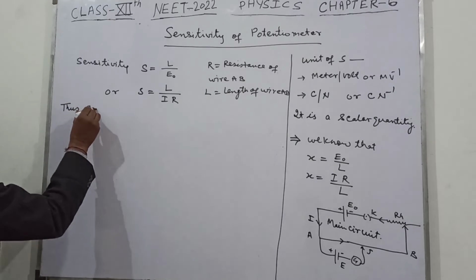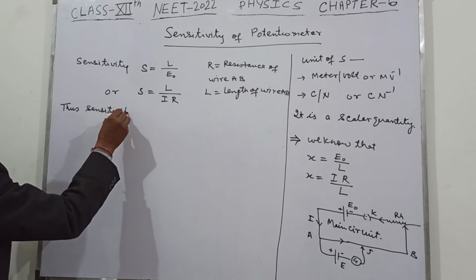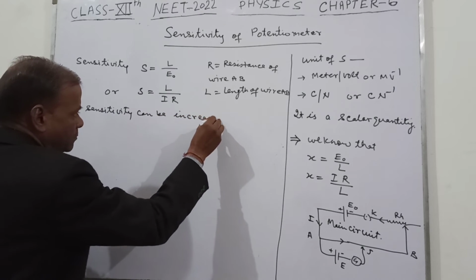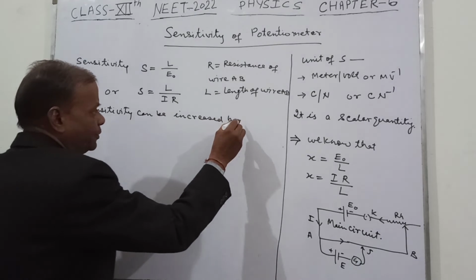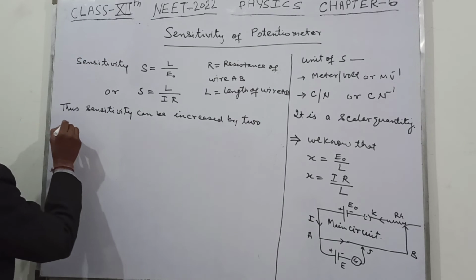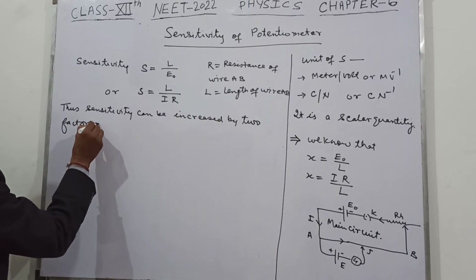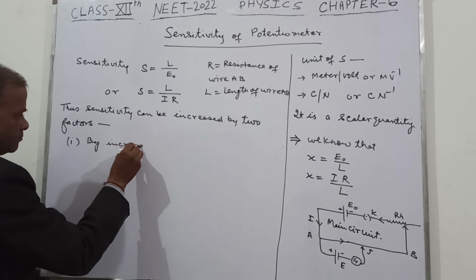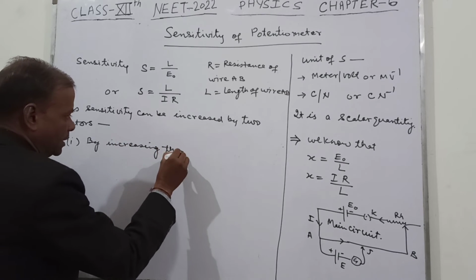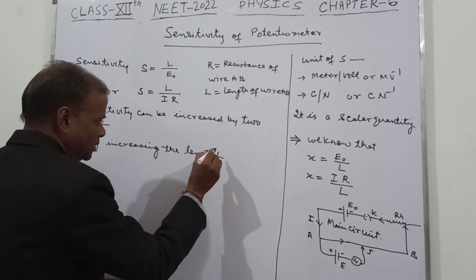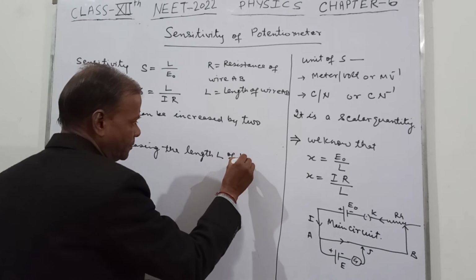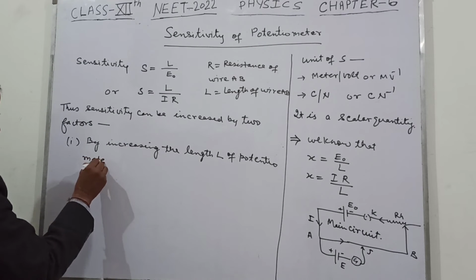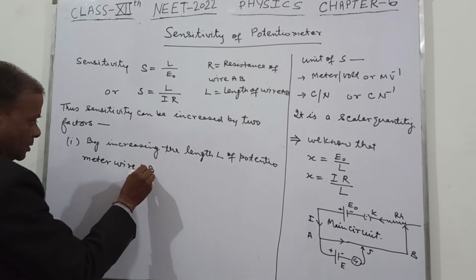Thus S can be increased by two factors. Number one, by increasing the length L of potentiometer wire AB.